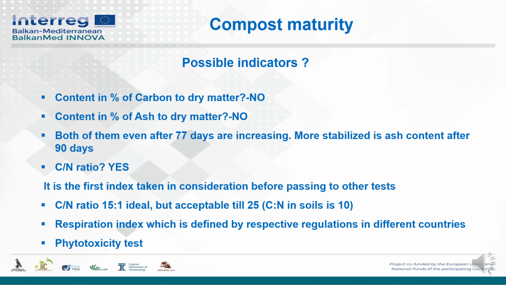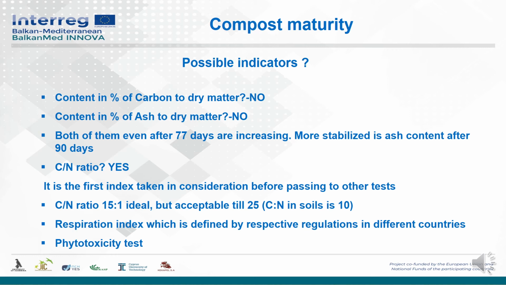Again, it is not an indicator. Both of them, even after 77 days, are increasing. So since they're not stable, we cannot assess based on them if the compost is mature or not. More stabilized is ash content after 90 days.